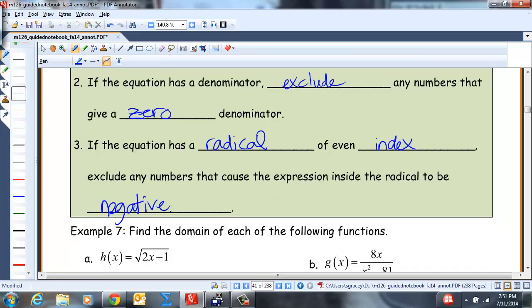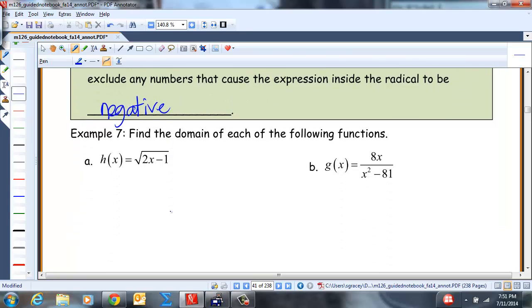So let's take a look at these examples. We'll find the domain. So here we have a square root of the quantity 2x minus 1. We do not want any negative values. So we are saying that 2x minus 1 has to be greater than or equal to 0. So if I add 1 to both sides, I'll have 2x has to be greater than or equal to 1.